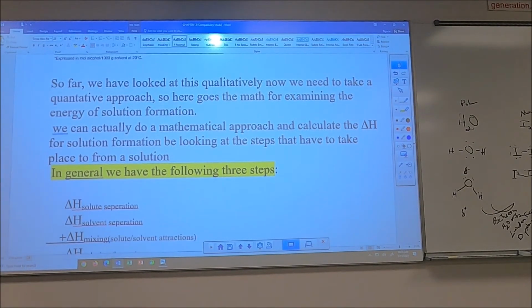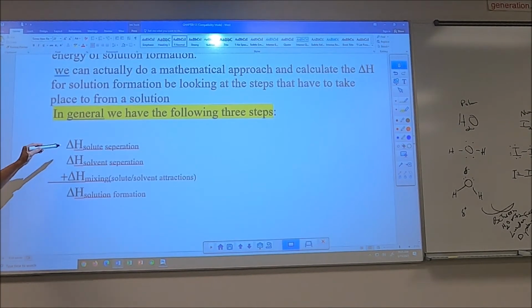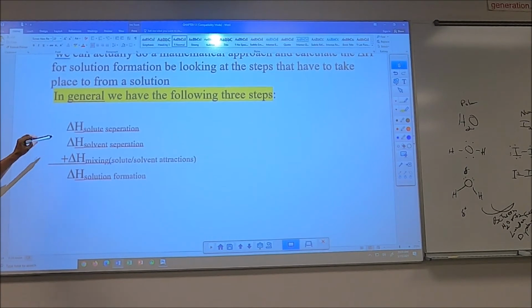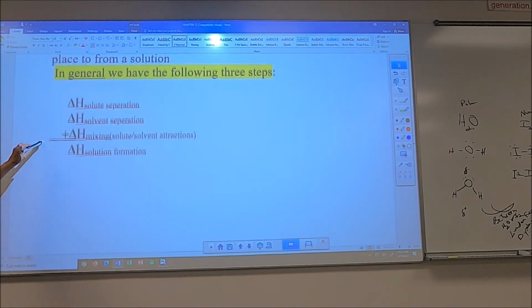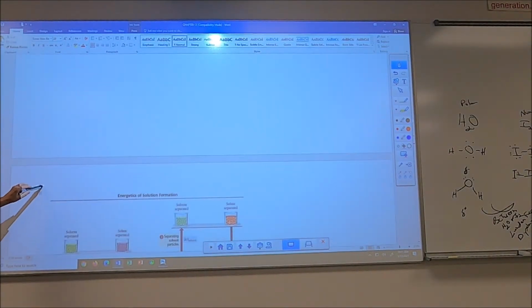So, we've looked at this qualitatively, and we could look at it quantitatively, adding up the delta H's for solute separation, solvent separation, and mixing to get the delta H for solution formation.